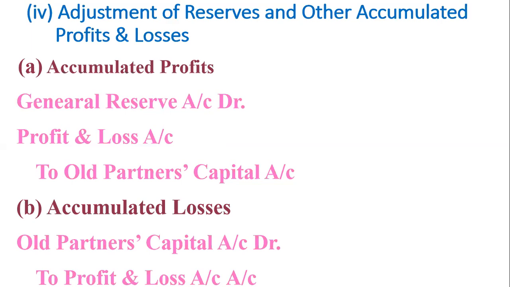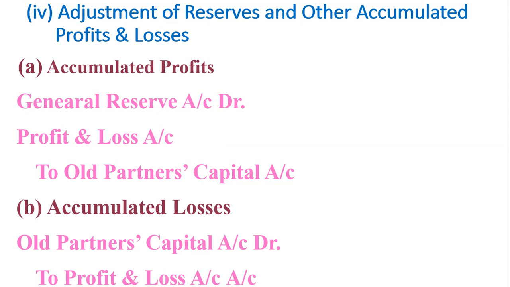Whatever is kept in the business and not taken up by the partners in the course of the business will be shared by them in their old ratio before admitting a new partner. So this will be the general entry.